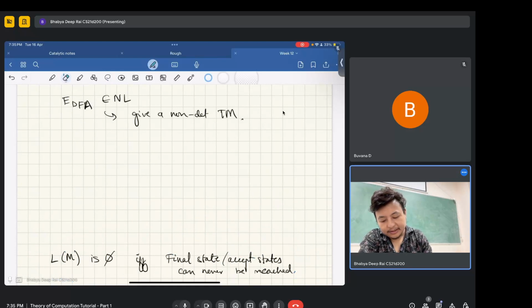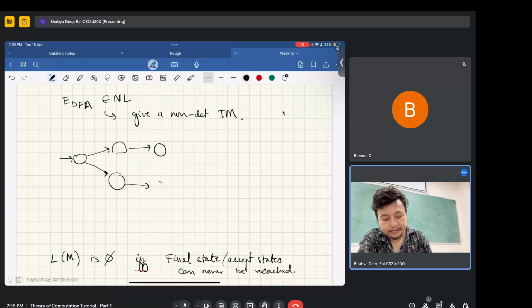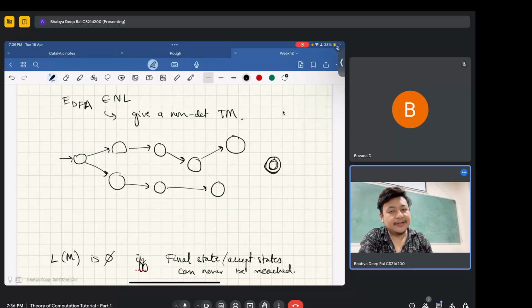What I'll do is take the DFA, which looks like this, and so on, and there is a final state like this, or there are several final states. They should not be reachable. How do I do this?